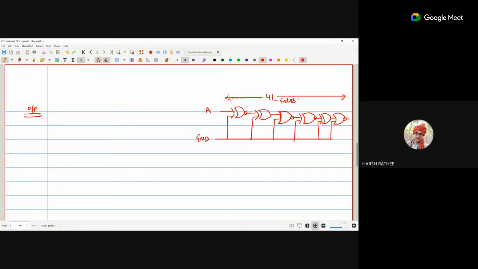Sir, output is A bar. A bar. We'll get A bar.